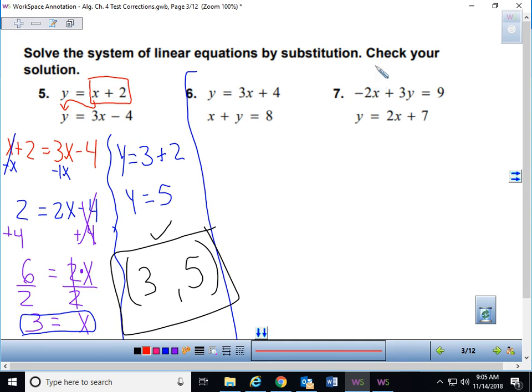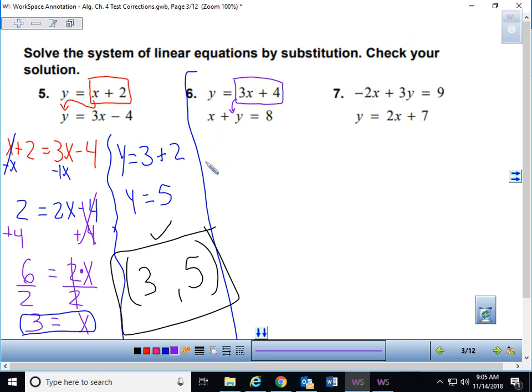Question 6 here, one equation is already solved for a variable and the other is not. So what this tells me is I can take what y equals, like I did in the last problem, so this 3x plus 4, and I'm going to substitute it into the second equation. But I'm going to have to put it in parentheses. I'm going to treat it kind of like a distributive property.